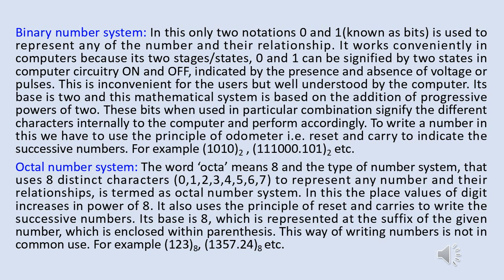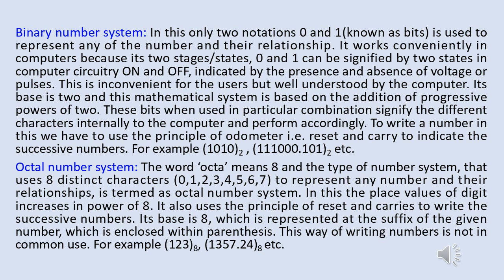Next, we will discuss the octal number system. The word octa means 8, and the type of number system that uses 8 distinct characters, from 0, 1, 2, 3, 4, 5, 6 and 7, to represent any number and their relationship is termed the octal number system. In this, the place values of digits increase in powers of 8.